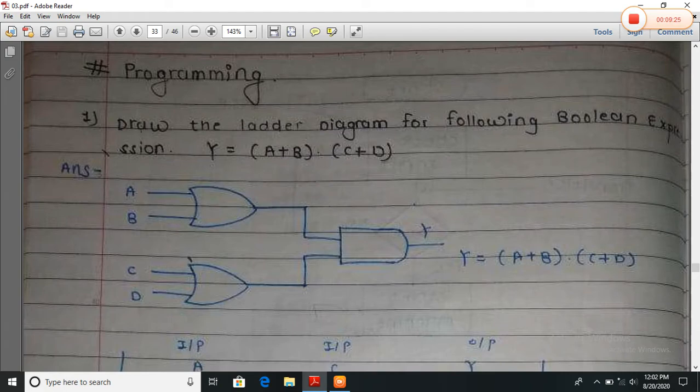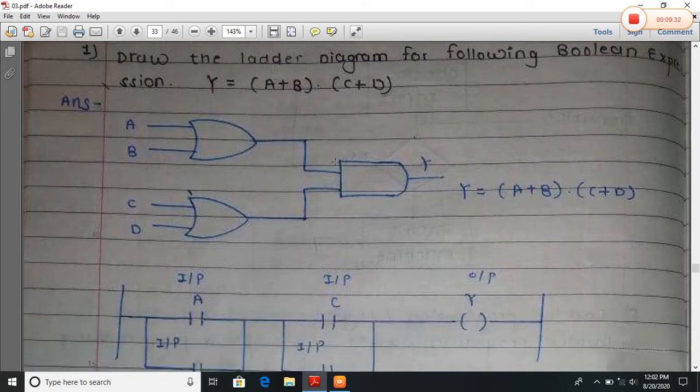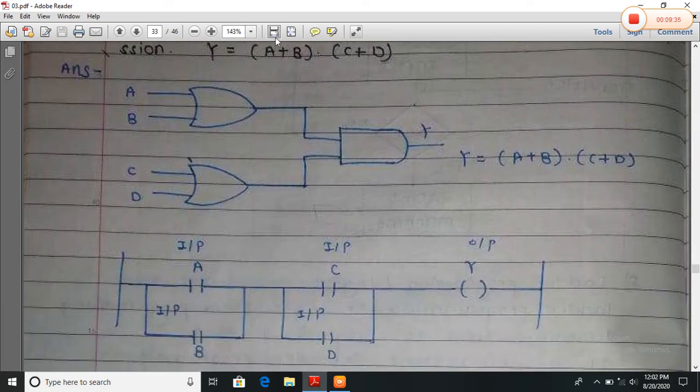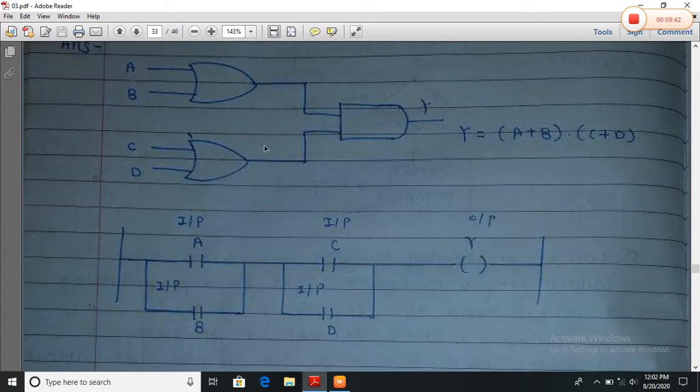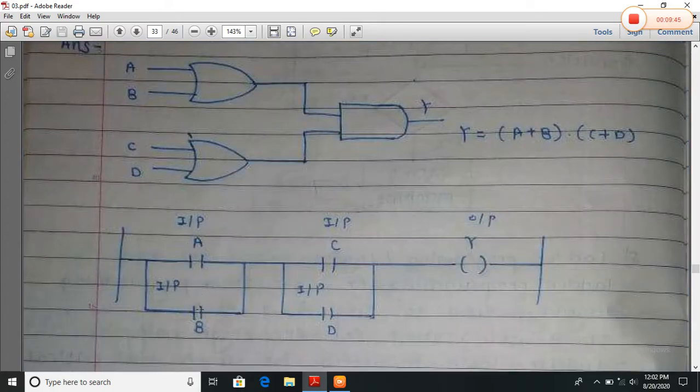The first program: draw the ladder diagram for the following Boolean expression, that is Y is equal to (A plus B) into (C plus D).